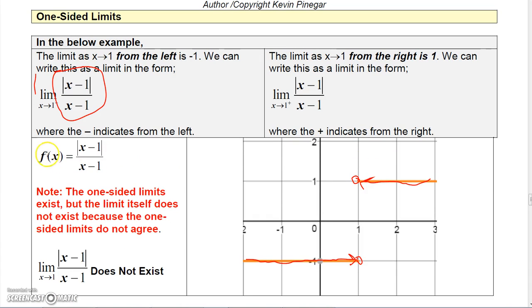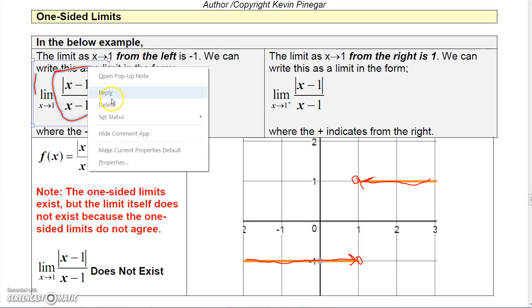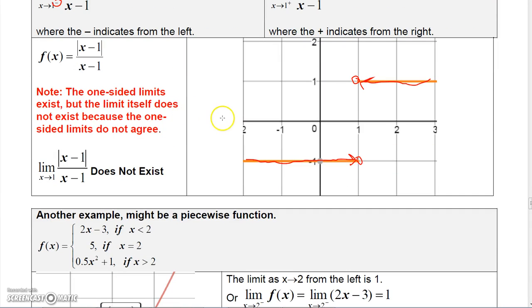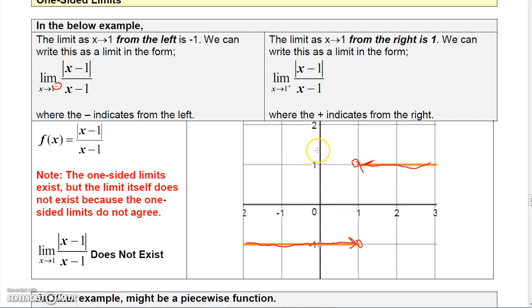So the notation that we use to describe the limit, if you see this little negative right here with the 1, that tells you that we're finding the limit of this function as x approaches from the left. So here's 1, and if we approach 1 from the left, remember the function's staying at negative 1.